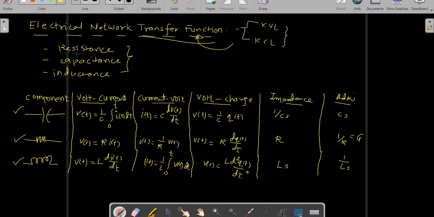So when we are going for the electrical network transfer function, we will be considering simple circuit via mesh analysis. Then again we will be considering simple circuit via node analysis.